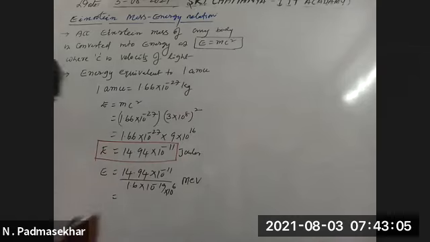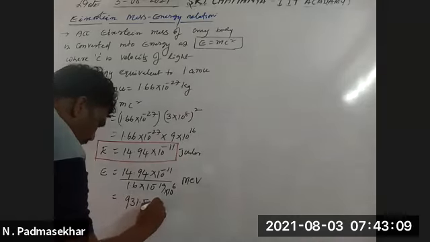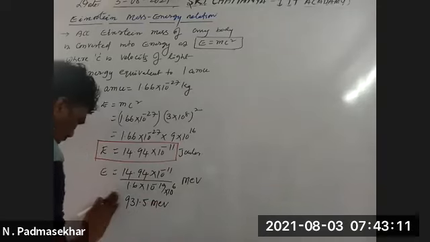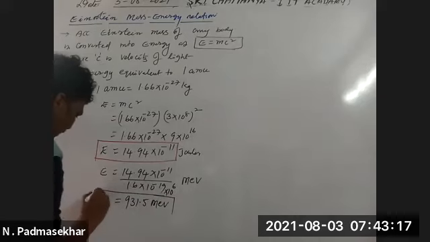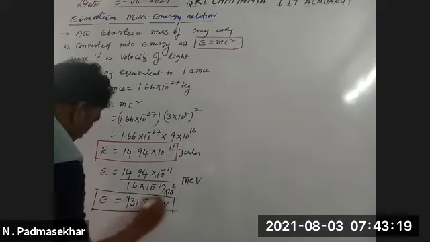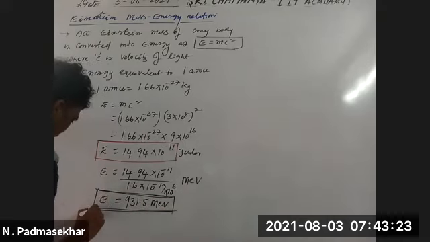So this is 931.5 million electron volts. This is the energy released, energy equivalent to 1 AMU mass.